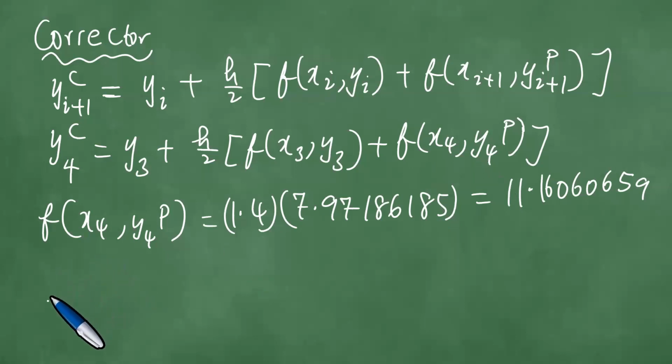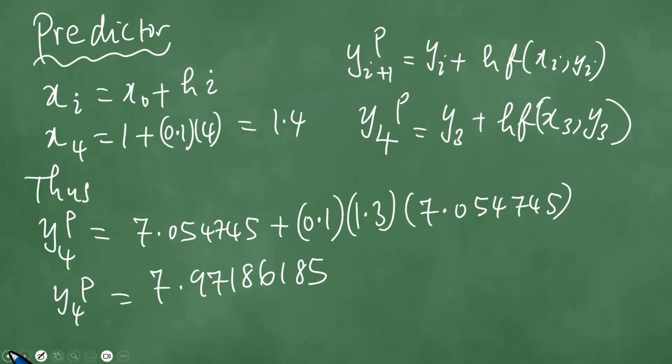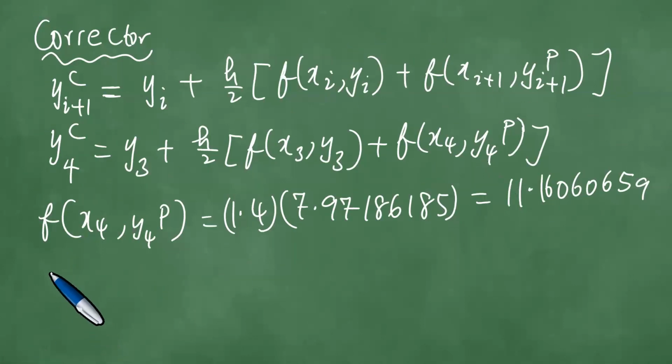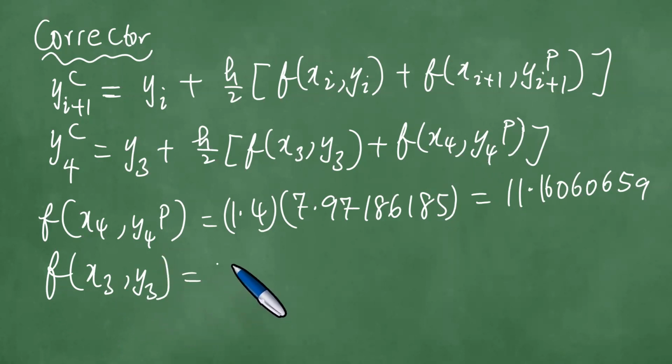And then what is f(x3, y3)? Did you get that one? Obviously we need to multiply x3 and y3. x3 is 1.3.